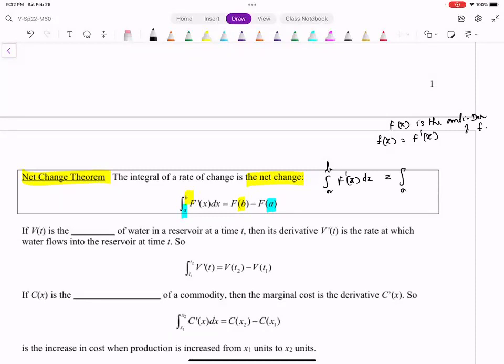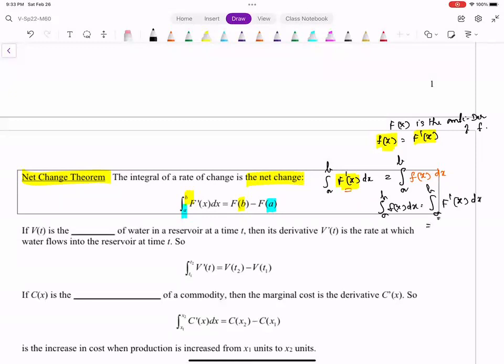So instead of writing f prime x, if you write it the way it is, integral a to b f x dx can be written as integral a to b F prime x dx.